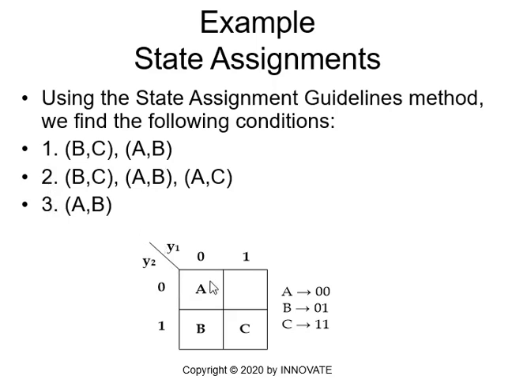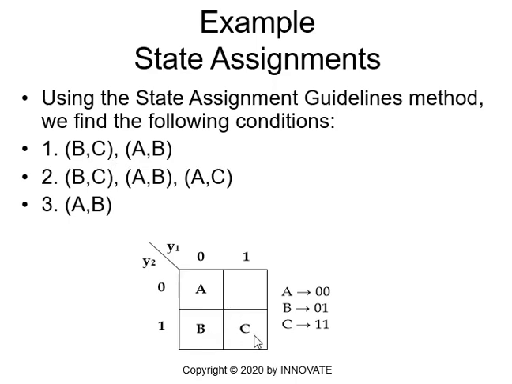So I place A at the M0, the minterm 0 cell, or all 0 cell. This is Y1 and Y2. We call the flip-flops Y1 and Y2 because it's a 3-state machine, so we need 2 flip-flops. So we placed A and we placed B here, so we meet AB. I have to meet BC, so I will place C here.